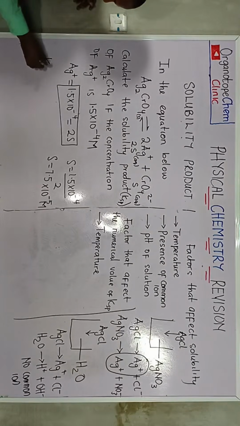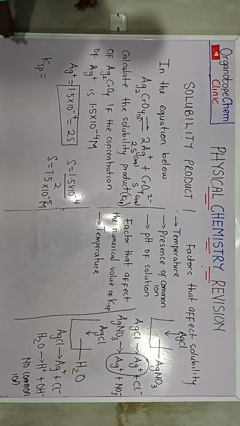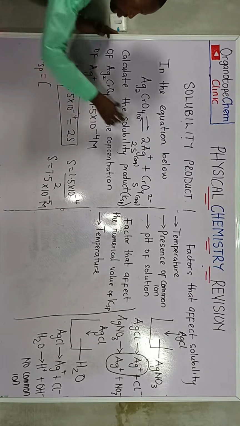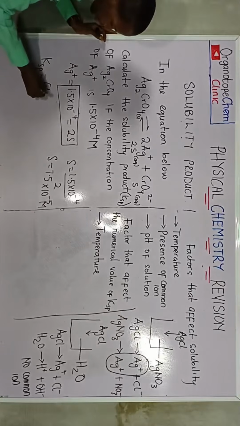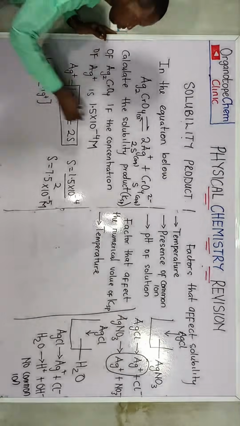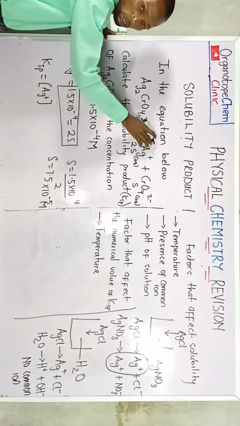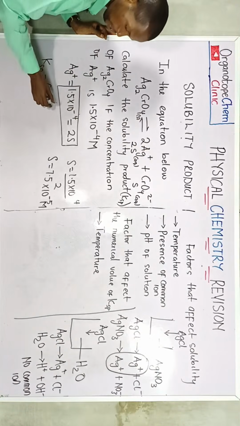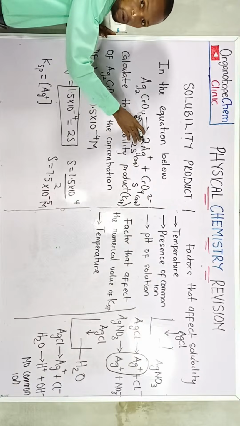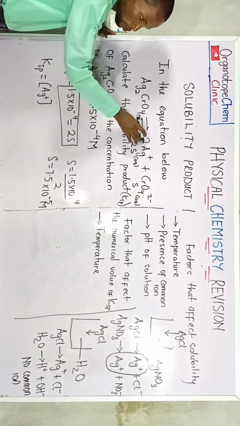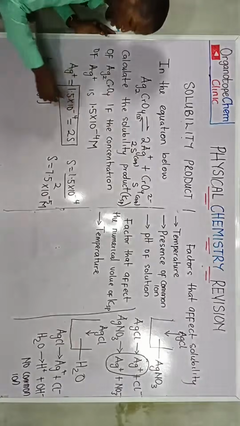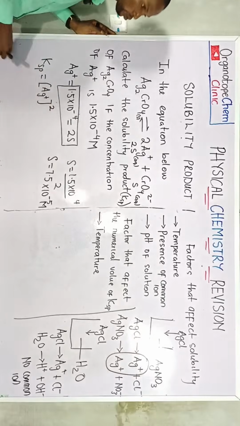We have KSP equals the concentration of Ag+. We are going to raise the concentration of the ion to the coefficients as power. Exponents will be the coefficients of the ion. So we have raised to power 2.